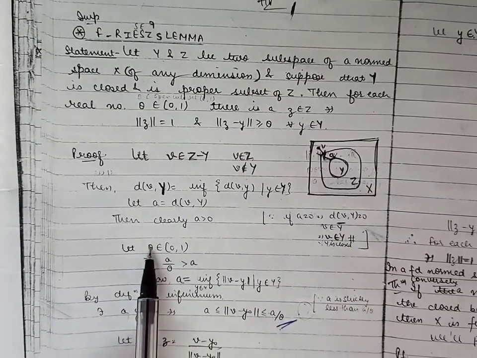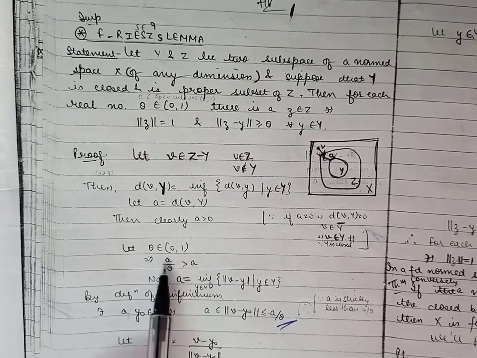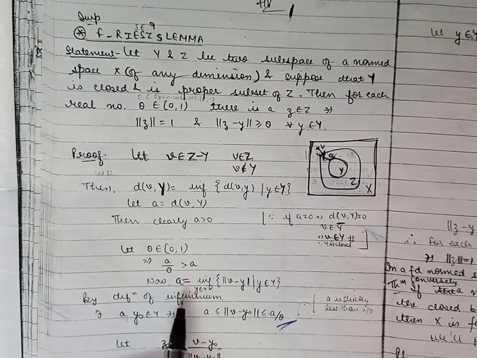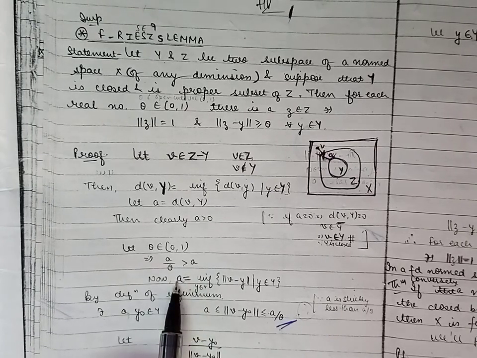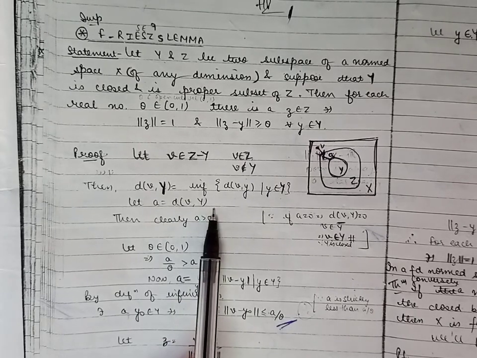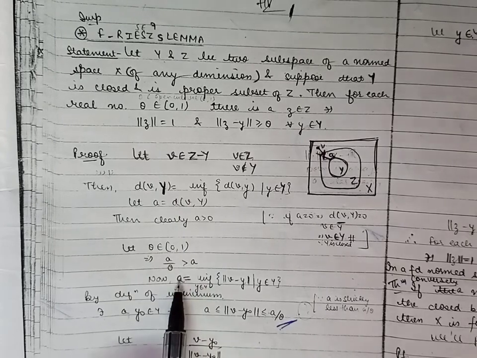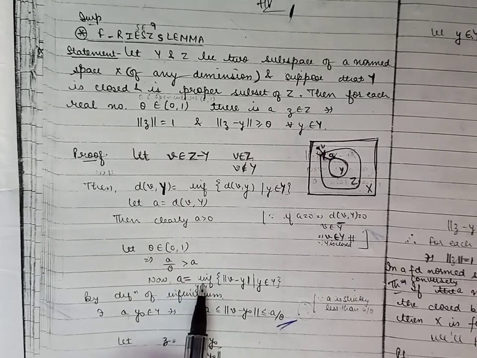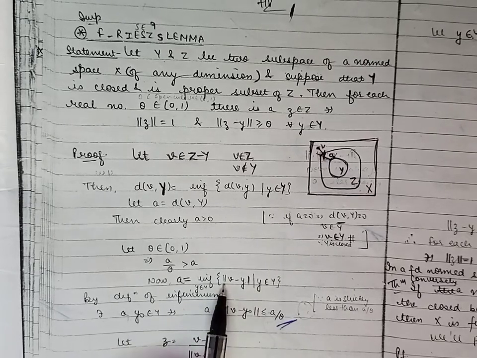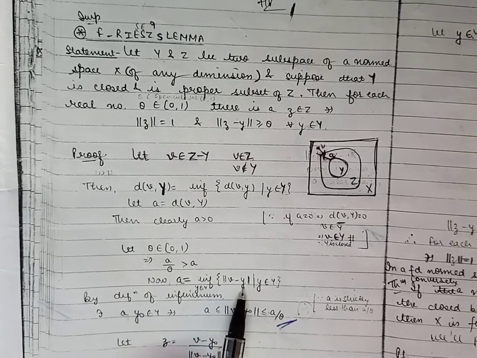Now because theta belongs to the open interval (0, 1), a upon theta should be greater than a. Now because a is the distance between v and Y, by definition of distance between a point and a set, a is the infimum of the set consisting of the norms of v minus y.